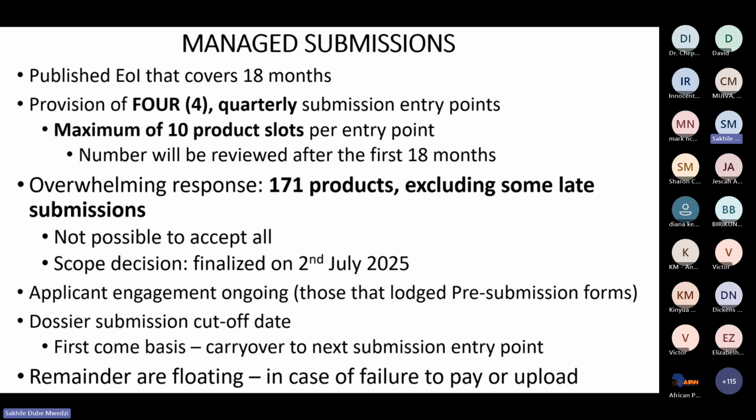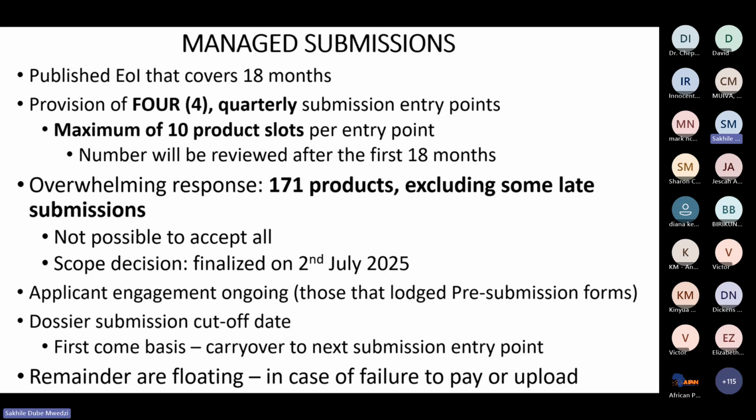But we're not there yet. But what we're saying is that with the current capacity and with the volume of work that this pathway assists the NRAs, only a maximum of 10 applications per submission window is what we can basically handle.